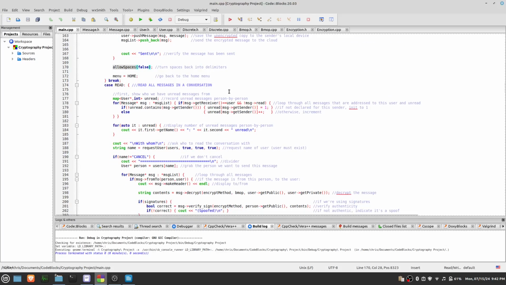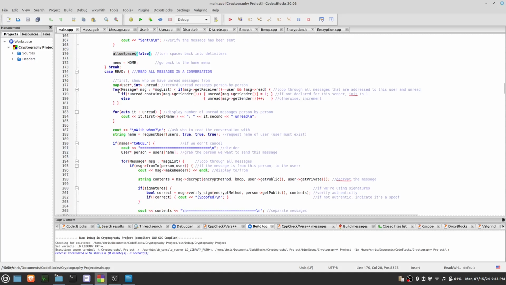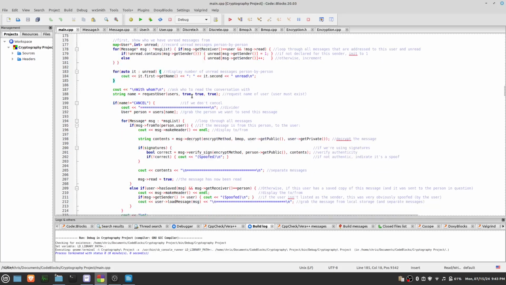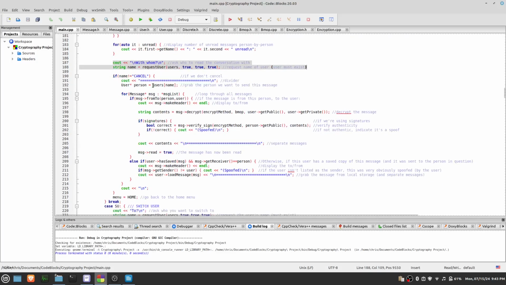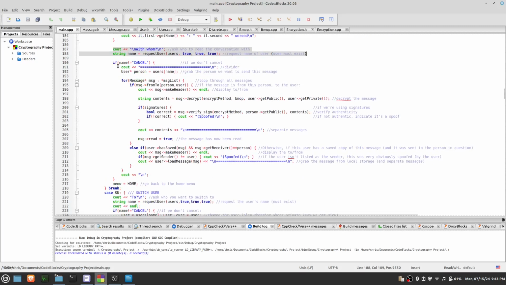So then we read. Again, this is very wet code. But anyways, if there are any unread messages, then we display that. We ask who we want to see the messages with, and if we didn't type cancel, then we see the entire conversation.